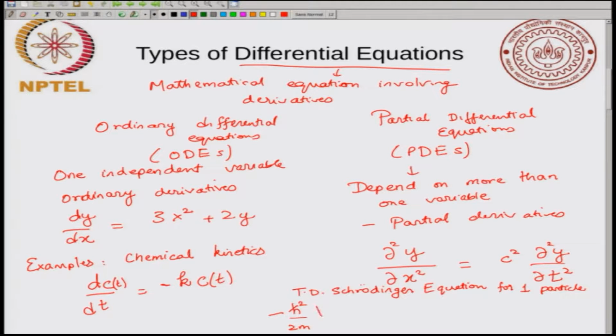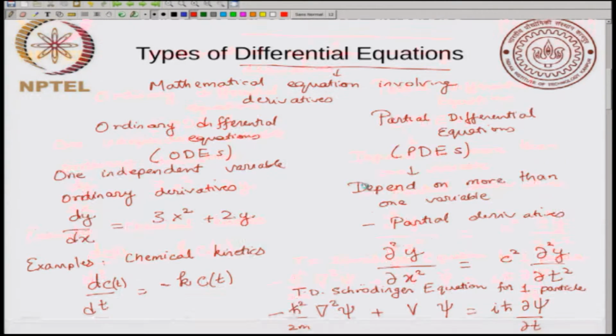So, you will have del squared of psi, plus V times psi, equal to i h-bar ∂psi/∂t. This is a partial differential equation.